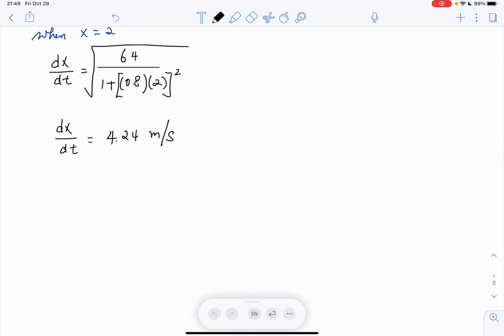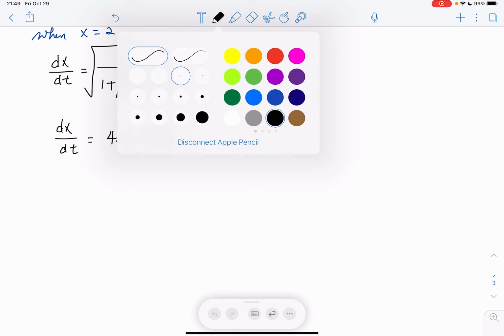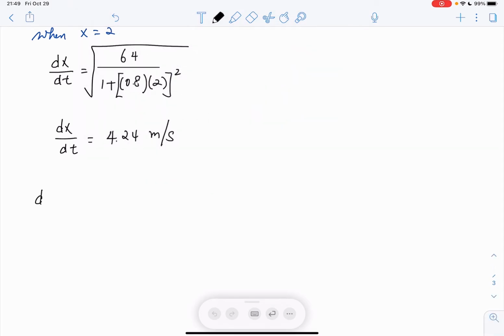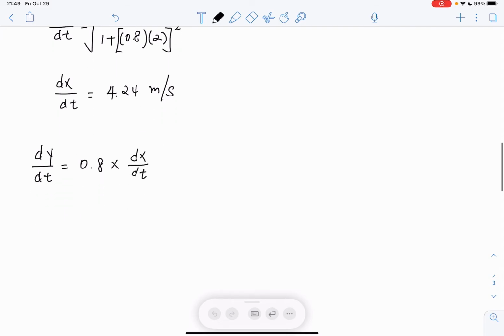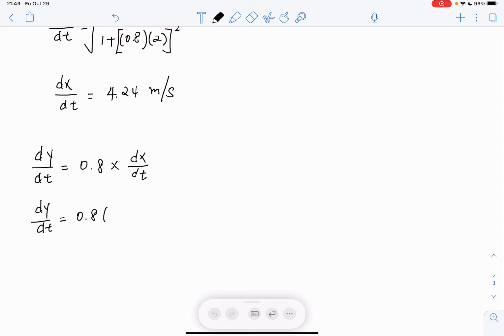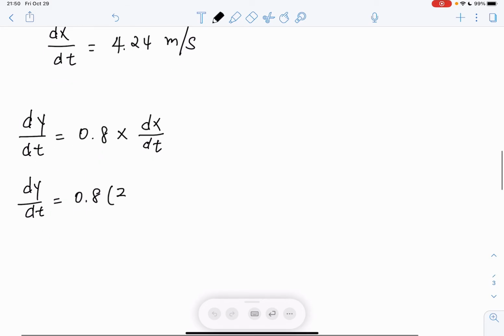Now, once we got the dx over dt, it is very easy to get dy over dt. From the previous one, we know that dy over dt is equal to 0.8 x dx over dt, right? So we just plug in here: dy over dt is 0.8 times x equal to 2, and then dx over dt is 4.24.